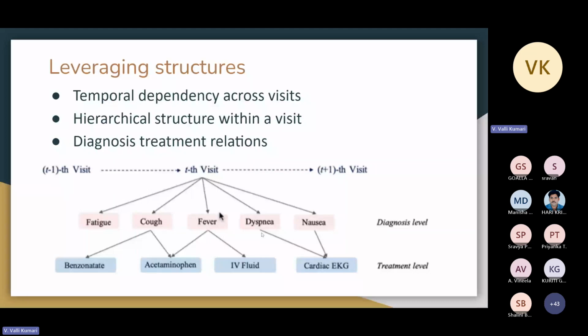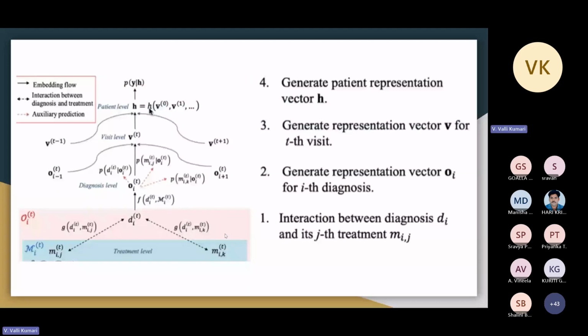So now you can see there is an interaction. This is the treatment level, the lowest one. And all of these are combined as input to the diagnosis level, and several such will be added up to a visit level, and then most of such visits will add up to a patient level.